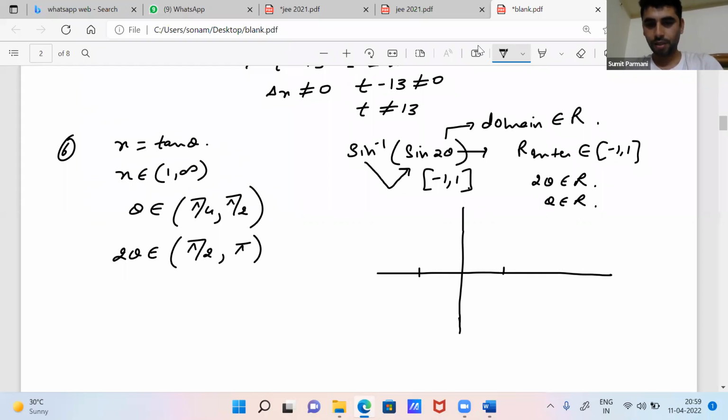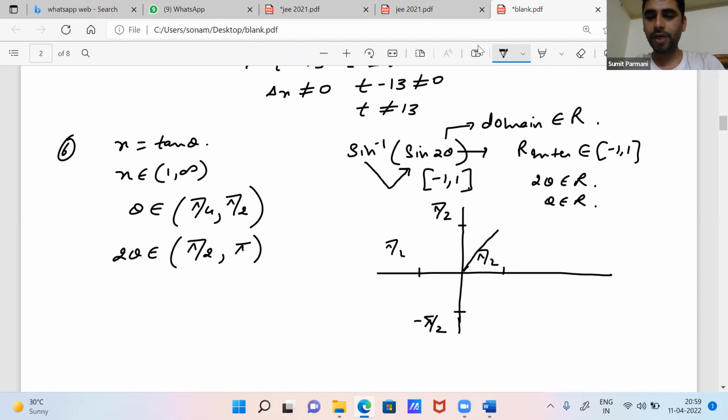If I write 2 theta as pi by 2, then sine pi by 2 is 1 and sine inverse 1 is pi by 2. So in the range we have minus pi by 2 to pi by 2, and here we have pi by 2.